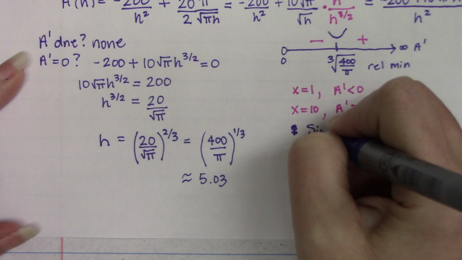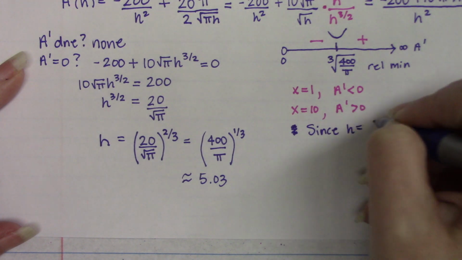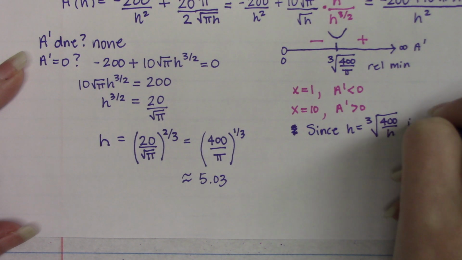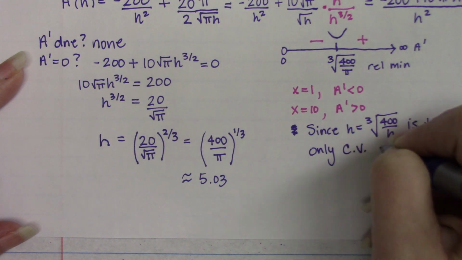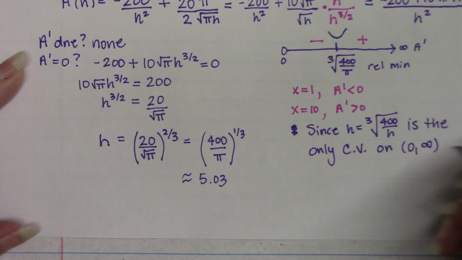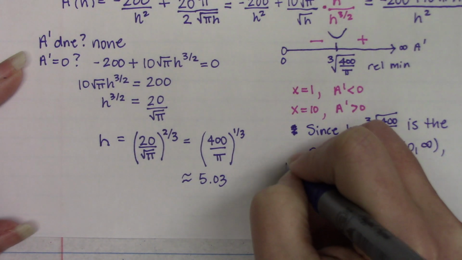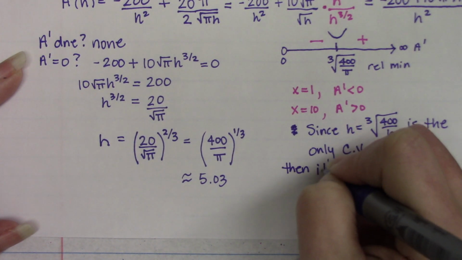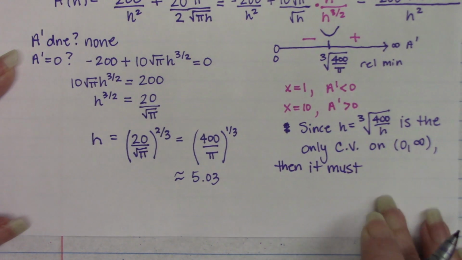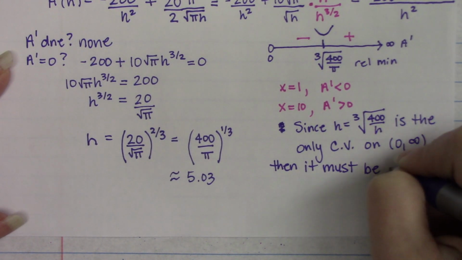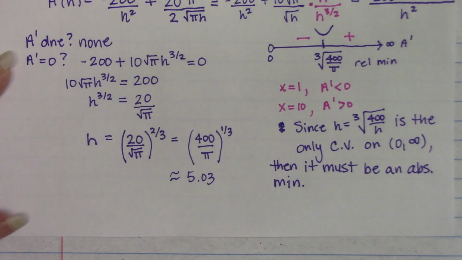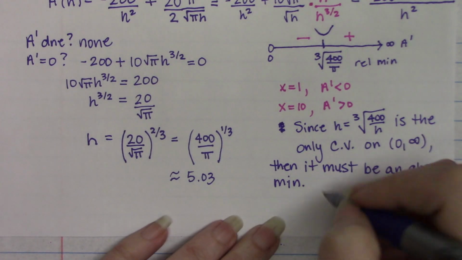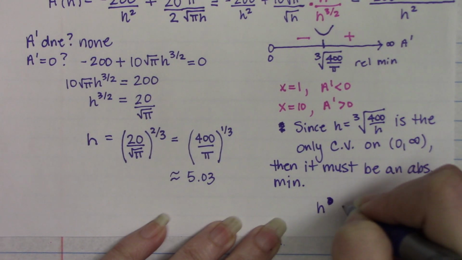So since h equals the cube root of 400 over pi is the only critical value on the domain of 0 to infinity, then it must be an absolute minimum.